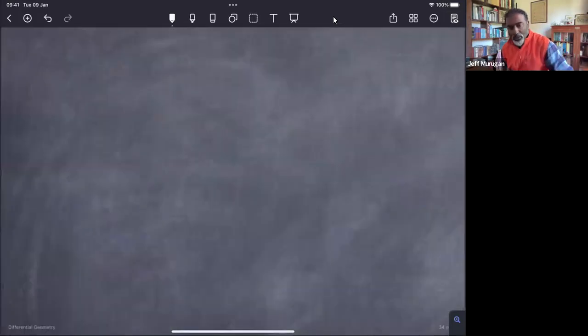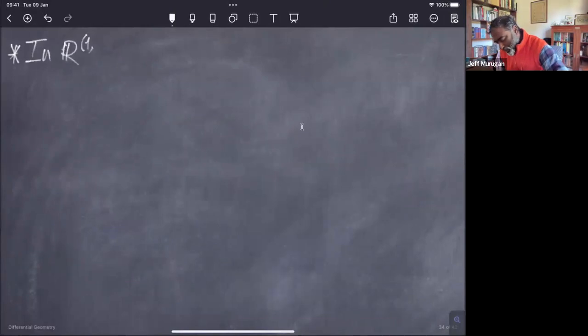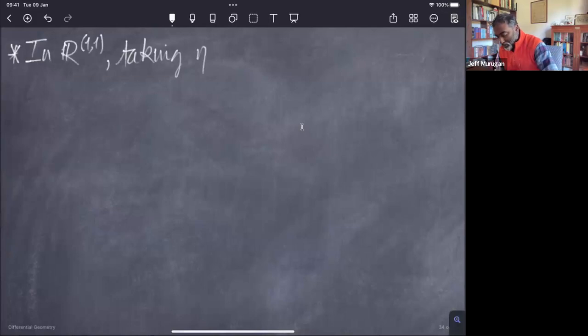Okay. So let's continue then. Starting off in two-dimensional Minkowski space, so this is R1,1, and taking the metric eta mu nu to be the diagonal metric +1, -1.